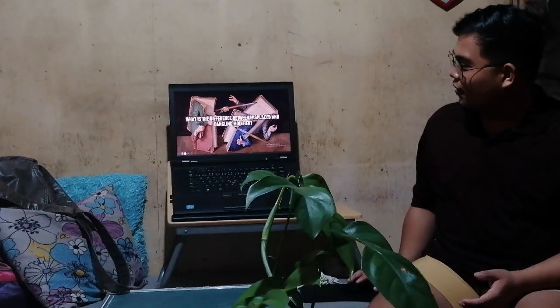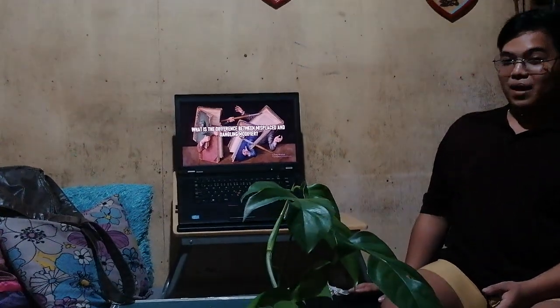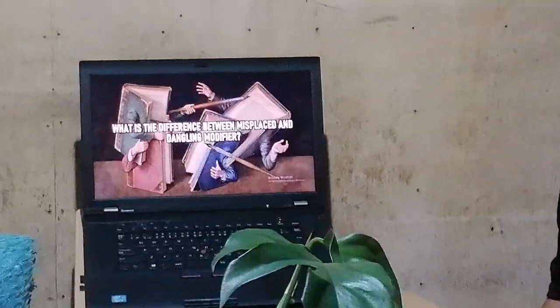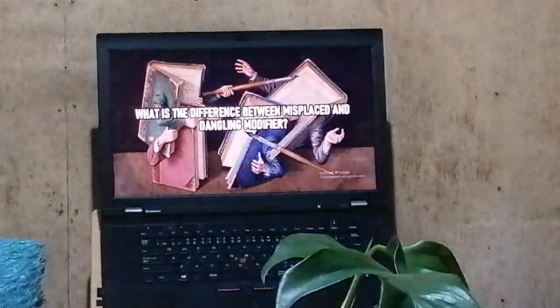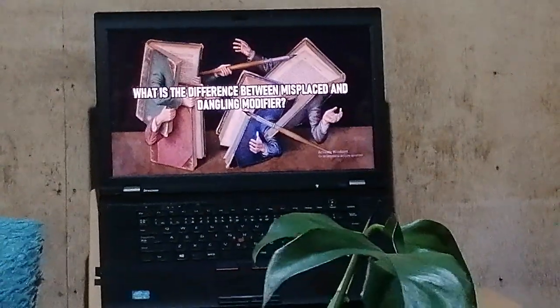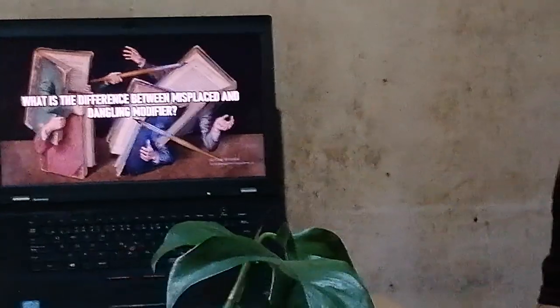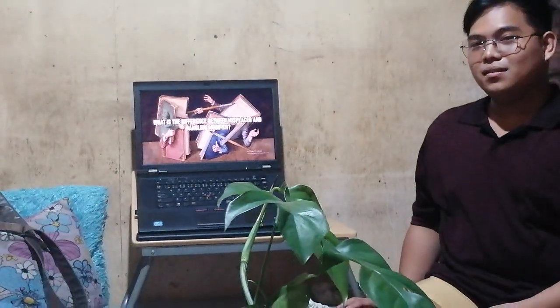Let's go to the next slide. This is the biggest question. What is the difference between misplaced and dangling modifier? Well, actually, there is no difference.